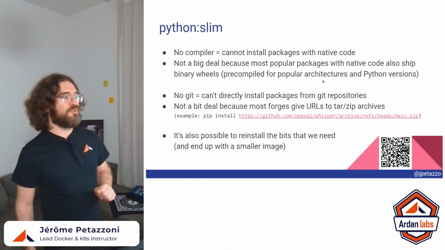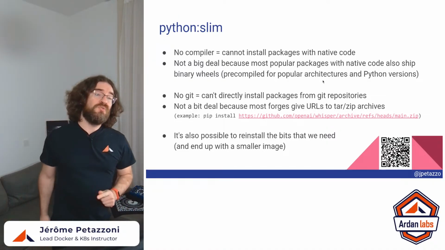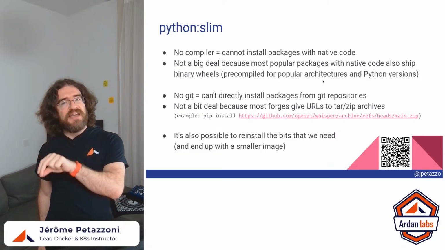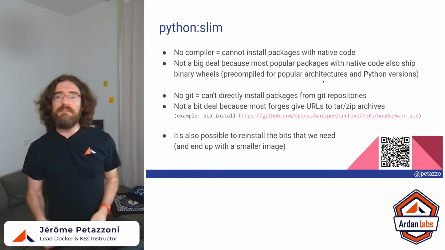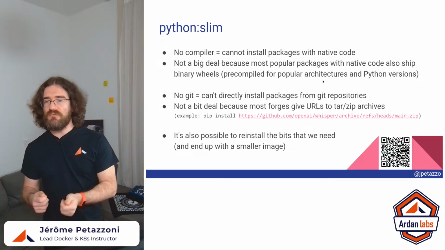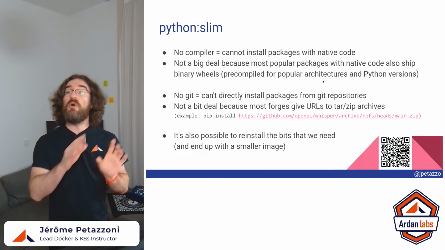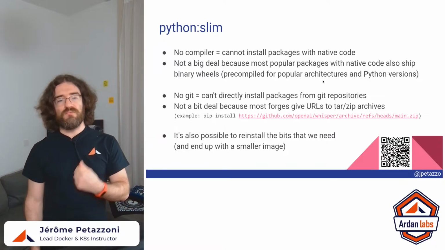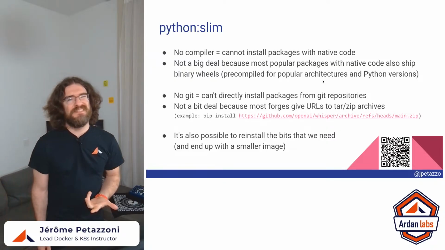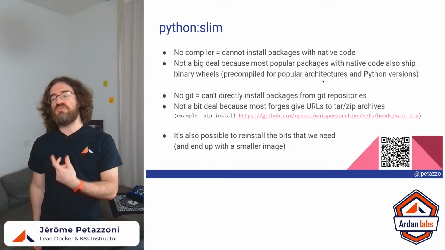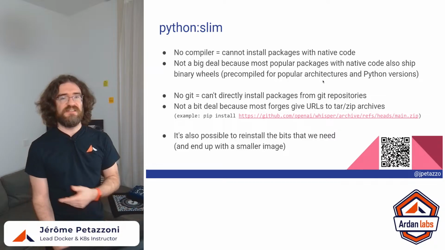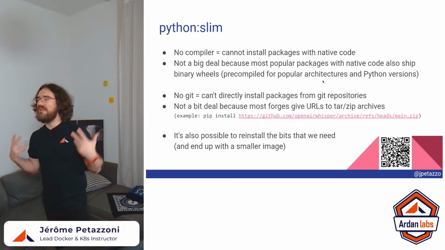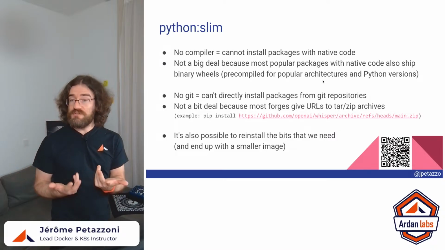End of the story. Scenario number 2, you install a package that has some native code. Maybe for performance reasons, there is a little bit of C code that needs to be compiled, and then that C code is going to be invoked from Python. This is why, by the way, Python is so popular with data science. Many people think, how can you even use Python with performance sensitive stuff?